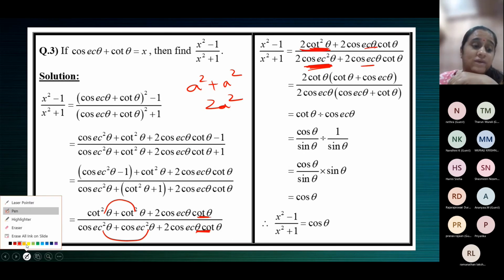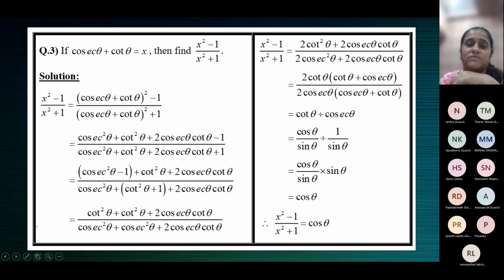Now the golden rule, whenever there's something common, we take out the common factor. And there is something common. 2 is common and cot theta is common. 2 cot theta is common in the numerator and 2 cosecant theta is common in the denominator. Bring out the common terms. And then what will happen in the bracket? 2 cot theta into cot theta is 2 cot square theta.